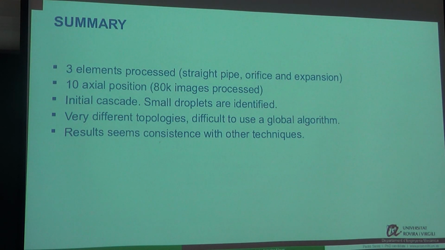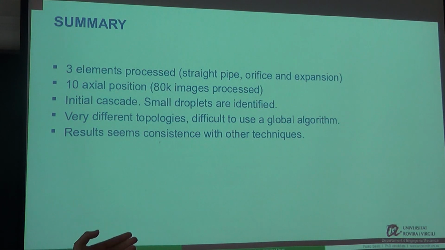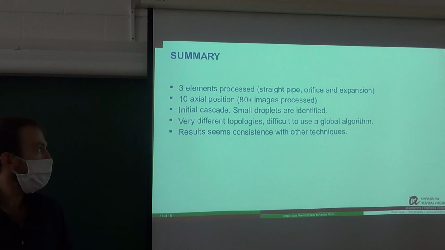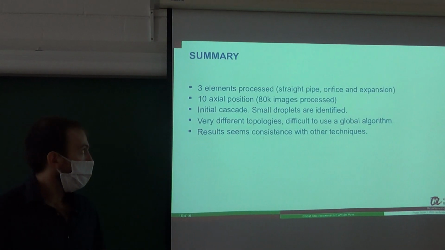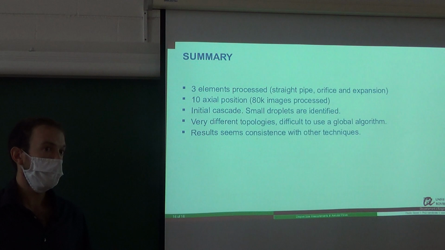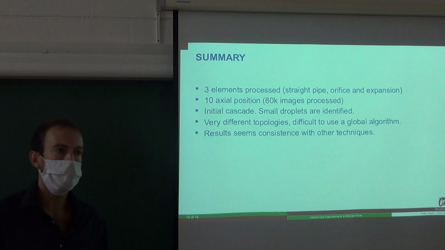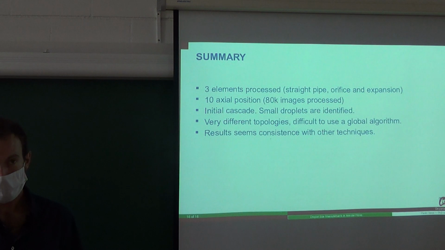And as I am comparing the amount of drops detected, it's needed to use the same parameters with the same algorithm. If not, it won't say anything if for one axial position I have 40,000 droplets detected, and in another one I have 60. Maybe it's because you used different tuning parameters, right? And the results seem to be consistent with other techniques and the observations. So in general, we were happy with the results, and we are aiming to publish them now. And that's it. If you have any questions.